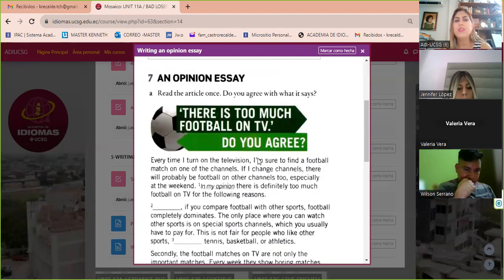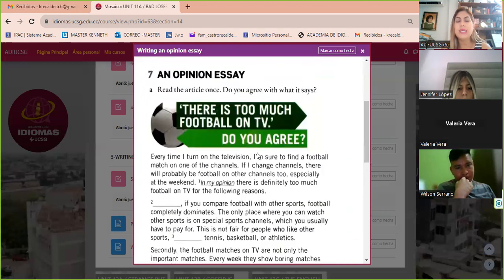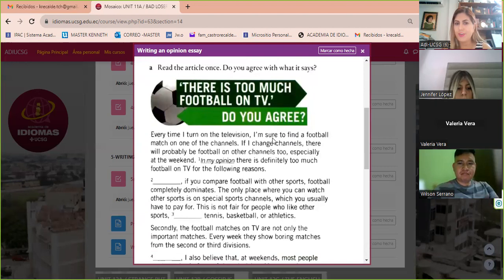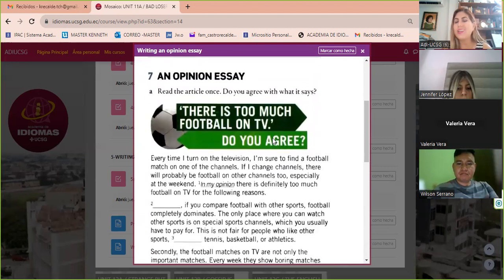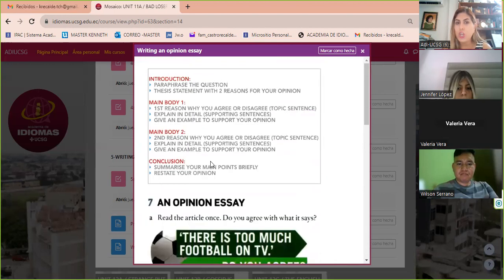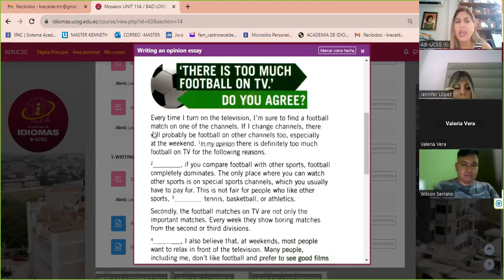Okay? So here is, for example, it says, there is too much football on TV. Do you agree? Okay, and here is one example. You have here in the first paragraph the thesis statement. Like here, every time I turn on the television, I'm sure to find a football match on one of the channels.